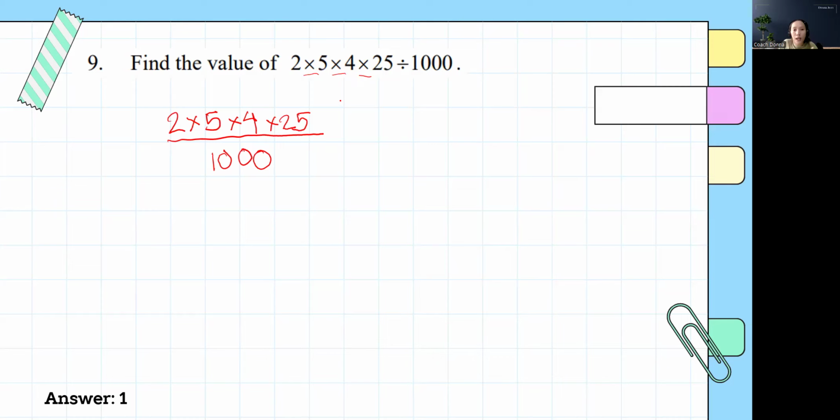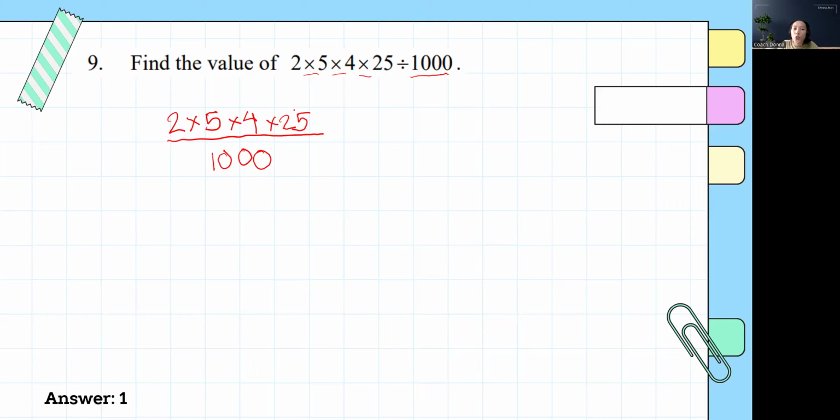If you have plus, that's already a different story. Okay? So we have 2 times 5 times 4 times 25 in the numerator. It's divide, so the divisor should be in the denominator.